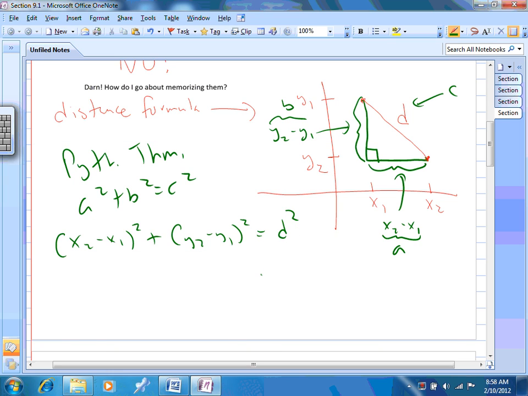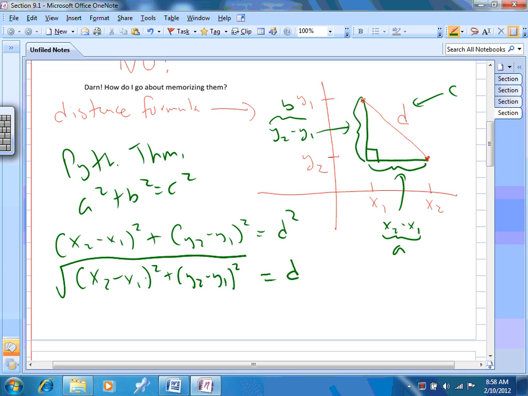And of course to get d by itself, what do you do to both sides? Square root. You should put plus or minus on the outside, but because we're not going to say that this is a negative value, just keep the radical positive, and that's it.